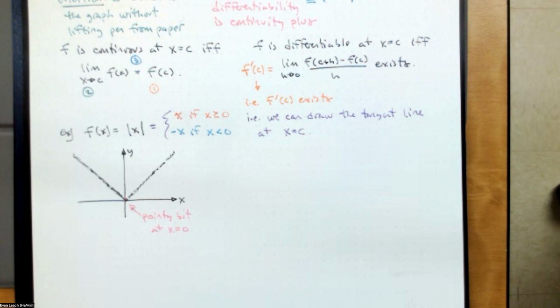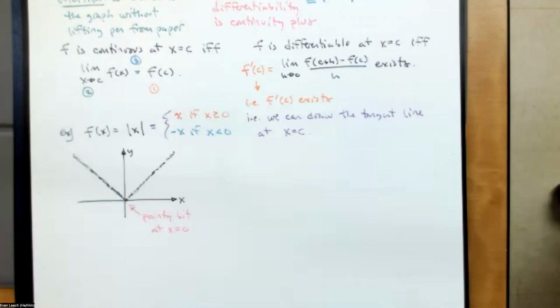So what we want to notice is that if we try to find the slope of the tangent line coming from the left, then coming from the left, the slope of the tangent line is -1. The slope is -1 coming into 0, but the slope coming out of 0 is +1.